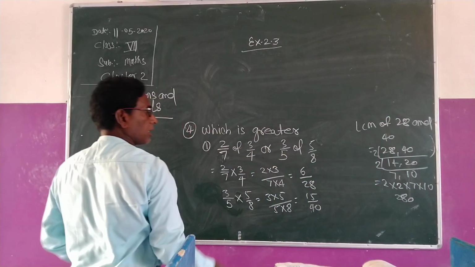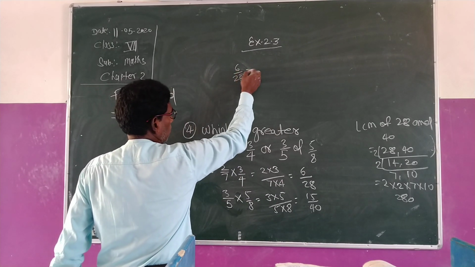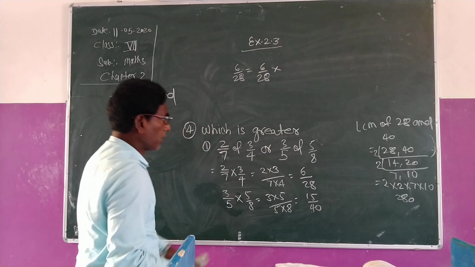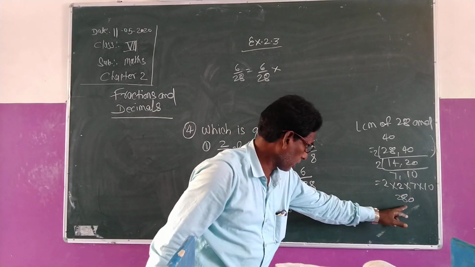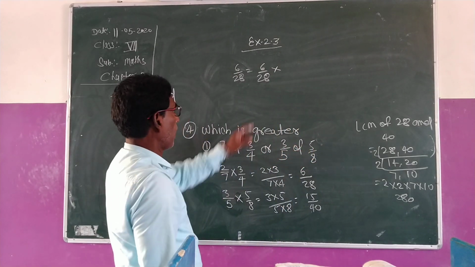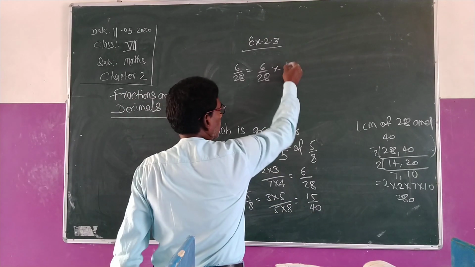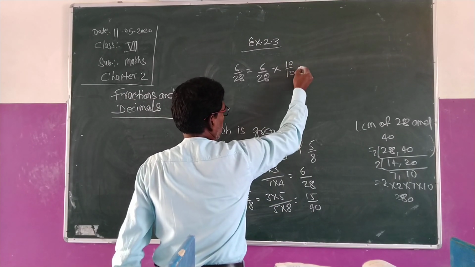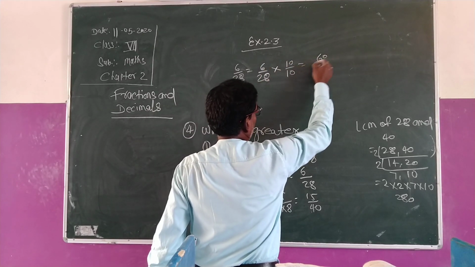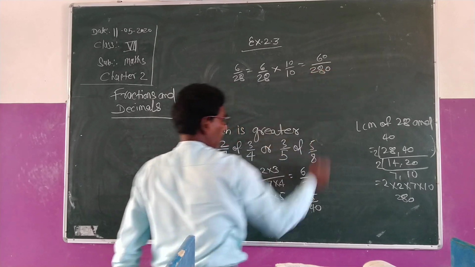Now we can write 6 by 28 is equal to 6 by 28 into 10 by 10, because you divide 280 by 28 and get 10 times. That is 10 6s are 60 by 28 10s are 280.